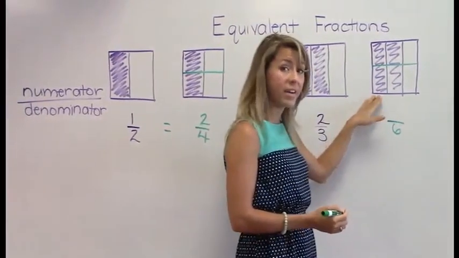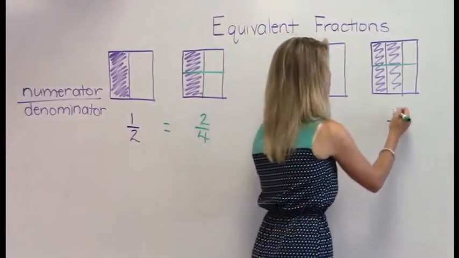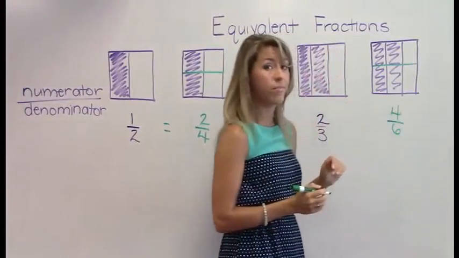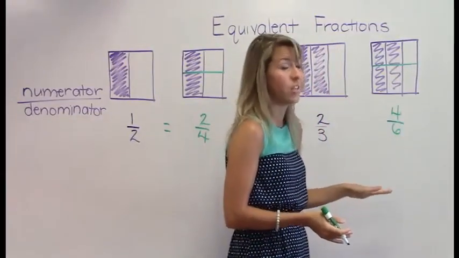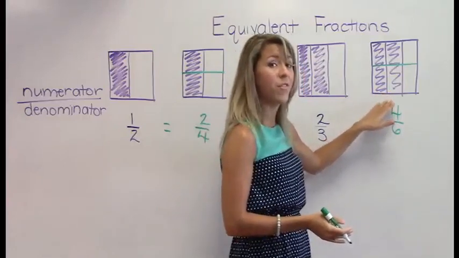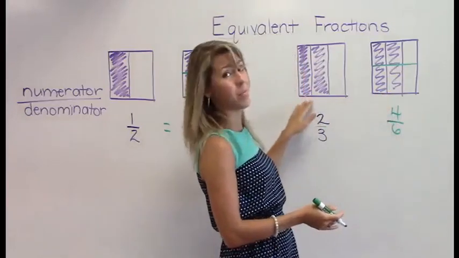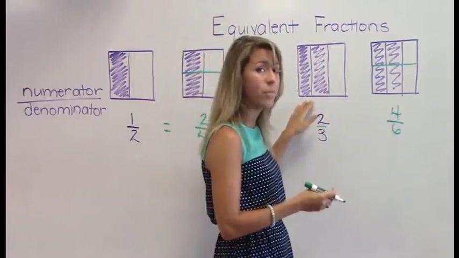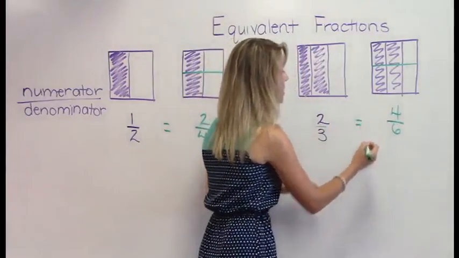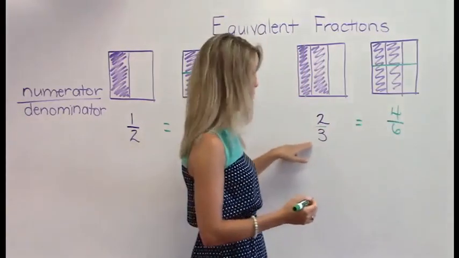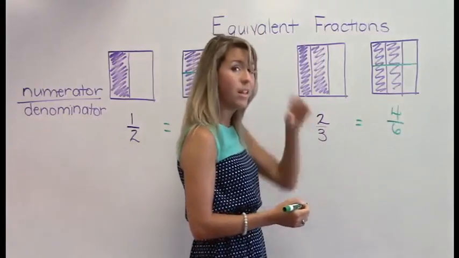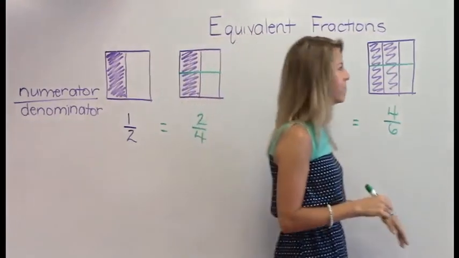That makes this area model a visual of 4/6. Notice I didn't change the amount of shaded space from this area model or this area model. They are still equal. That makes 4/6 an equivalent fraction to 2/3. Let's try just one more.